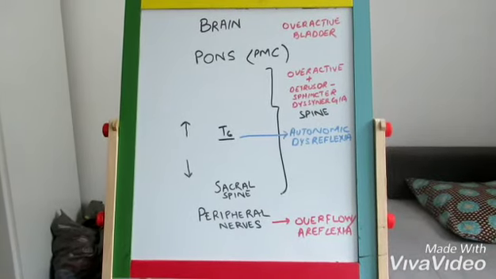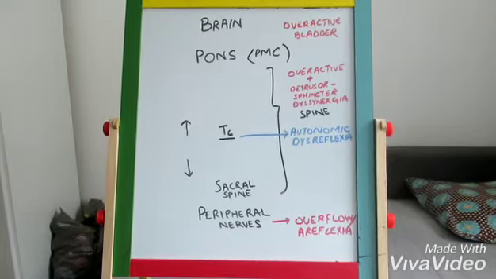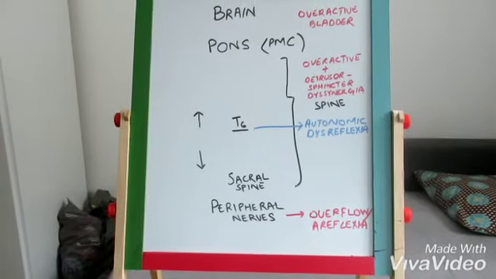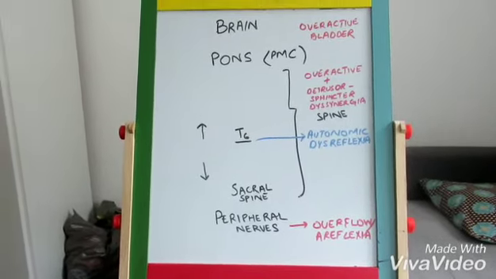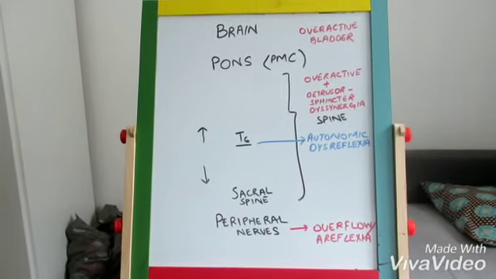Below T6 level is also overactive bladder with detrusor sphincter dyssynergia, but there is also upgoing plantar.